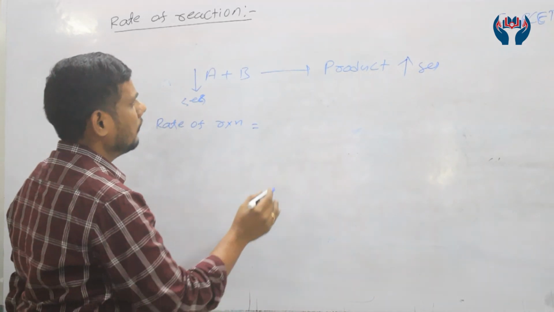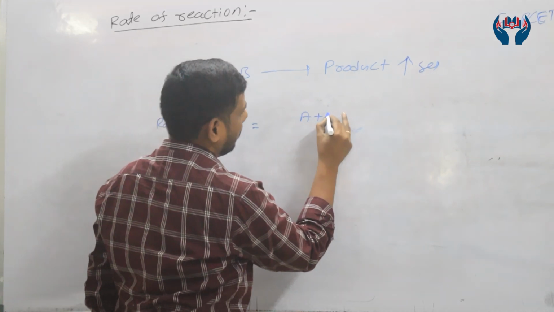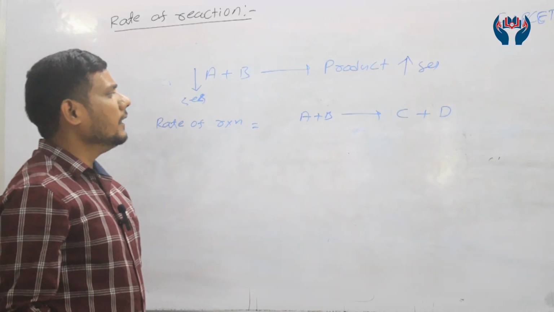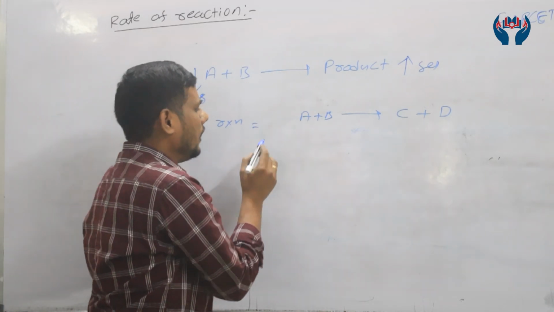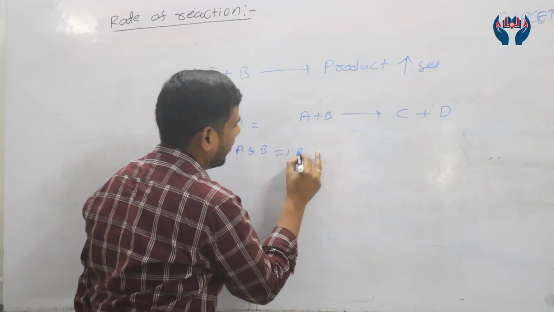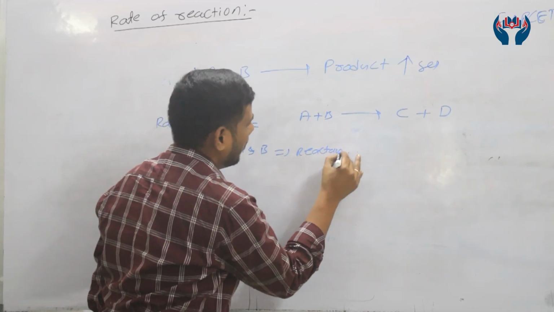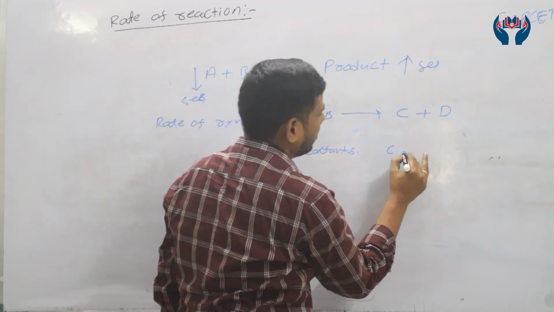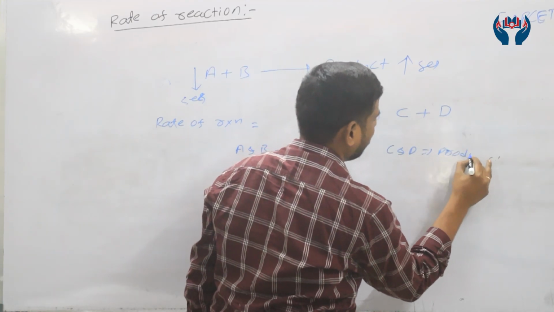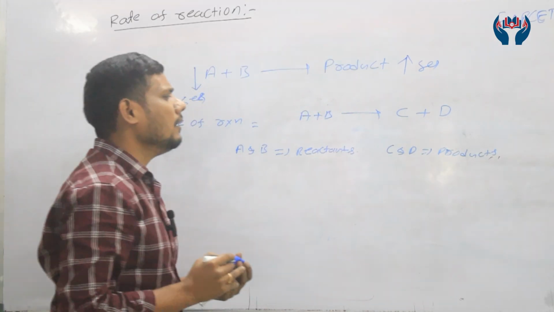For example, A plus B gives rise to C plus D. In this reaction, A and B are reactants, and C and D are products.